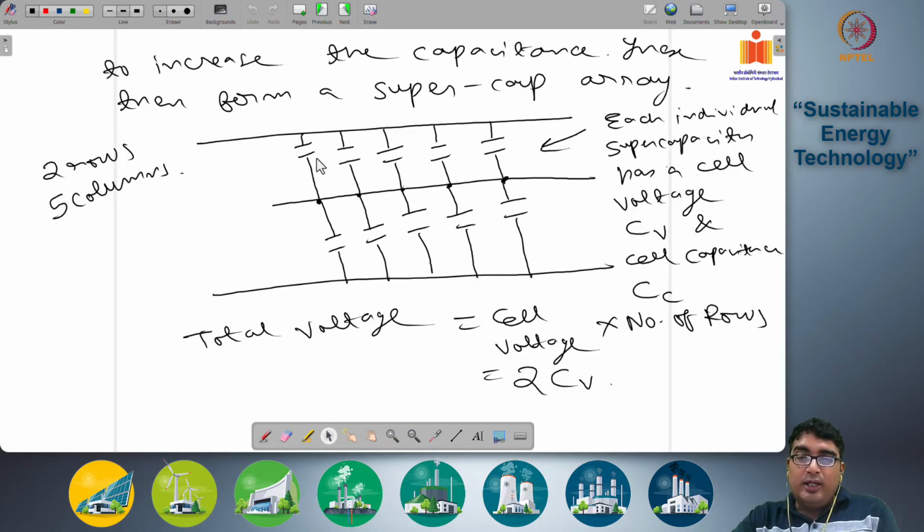So the total voltage is the cell voltage of the individual capacitors times the number of rows.